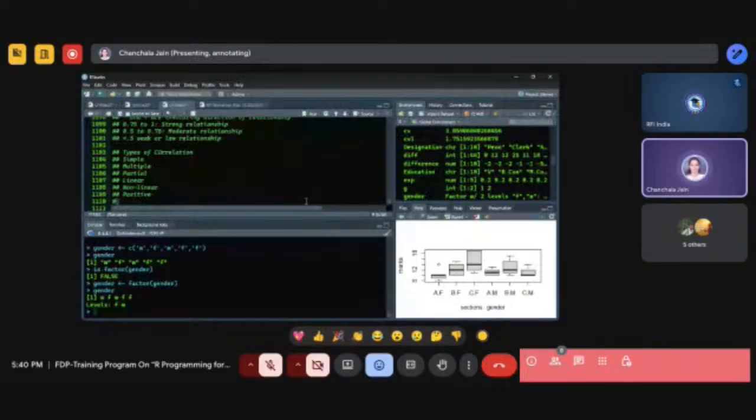So these are the varieties of correlation available when you talk about statistics, right?